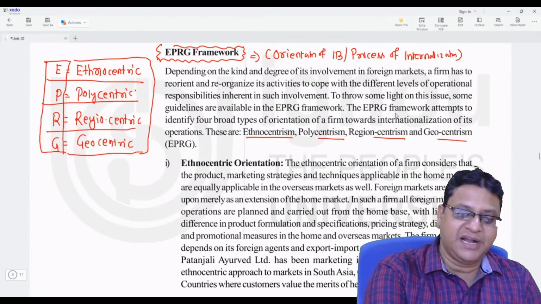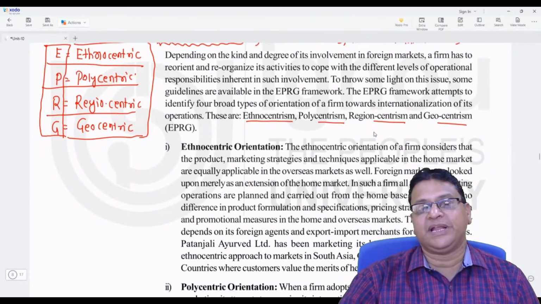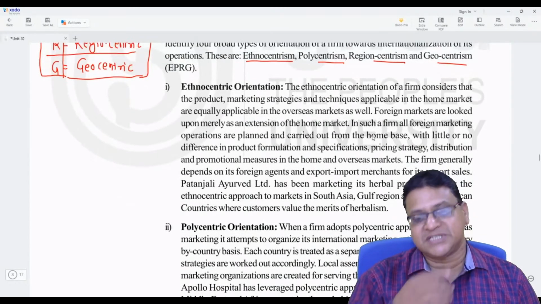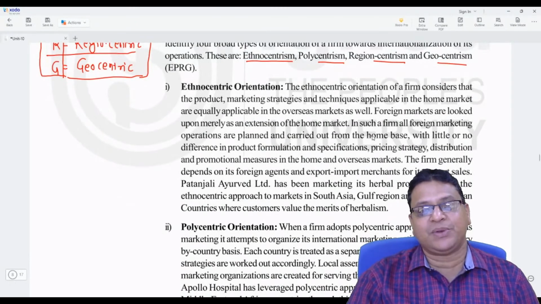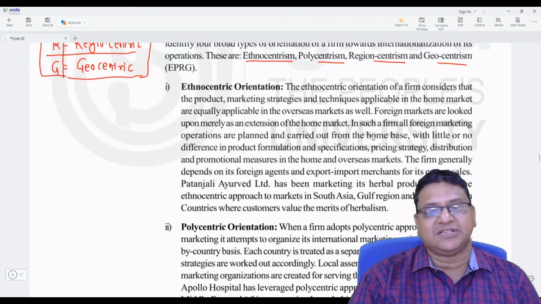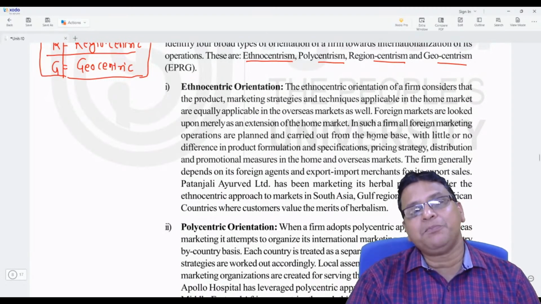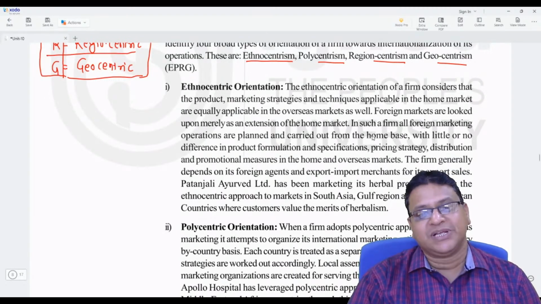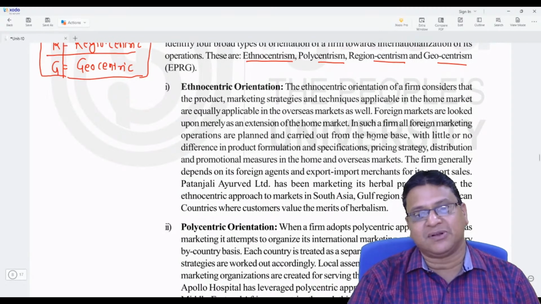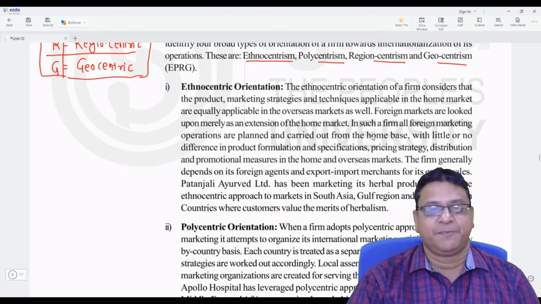First, we will discuss the ethnocentric orientation of doing international business. What is ethnocentric orientation of doing international business? Some companies follow ethnocentric orientation for doing international business.